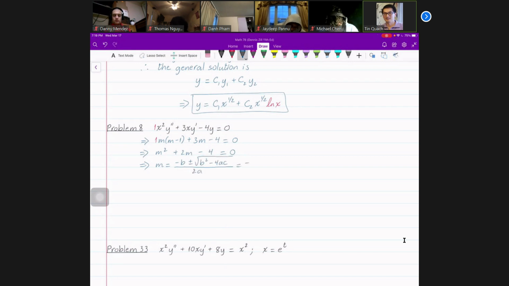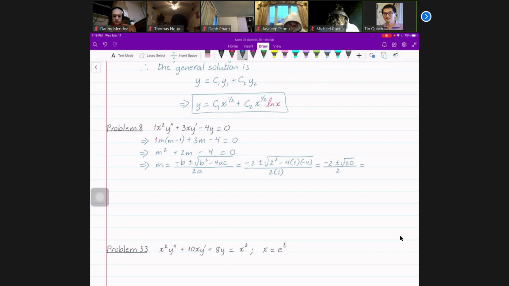So that's -2 plus or minus square root of 2 squared minus 4 times a times c, which is 1 times -4. So what you have is -2 plus or minus square root of 20 all over 2.